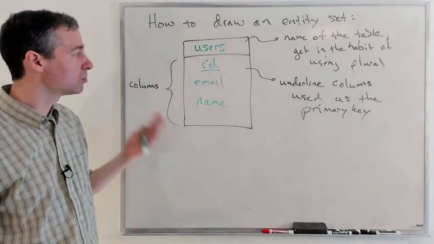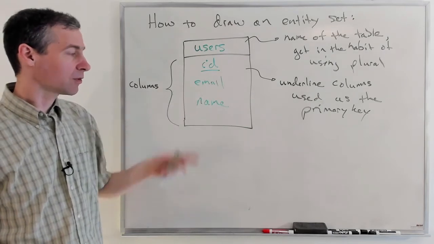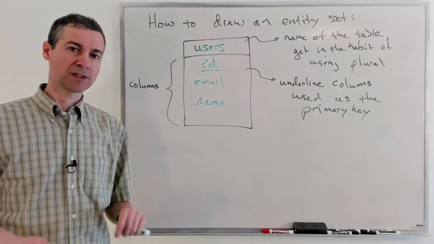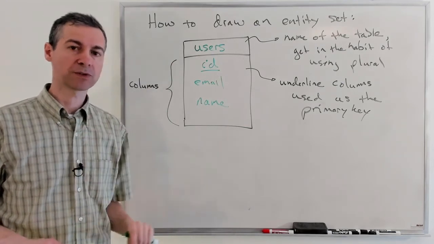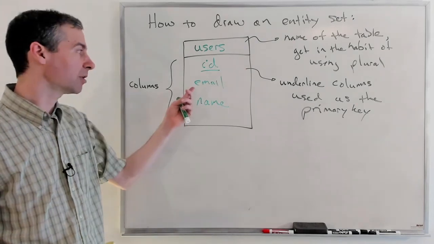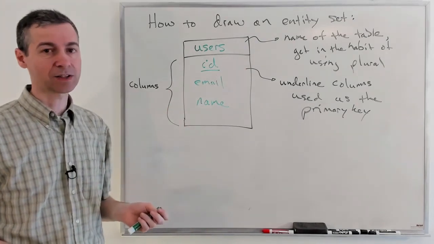So if I have a user and I have them identify themselves via their email, I'd basically be saying, and you can never change that person's email. But we know people do change their emails, so that's not a good thing.